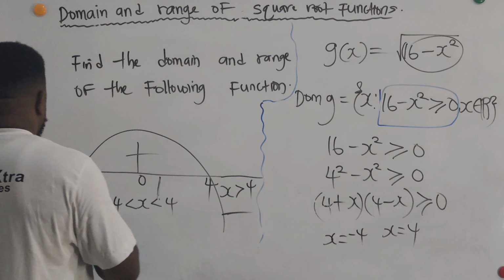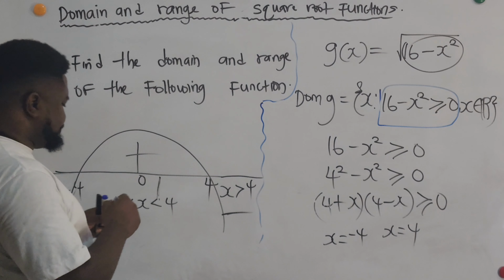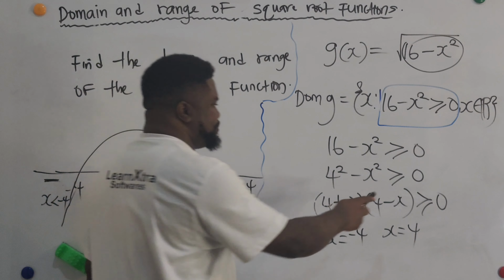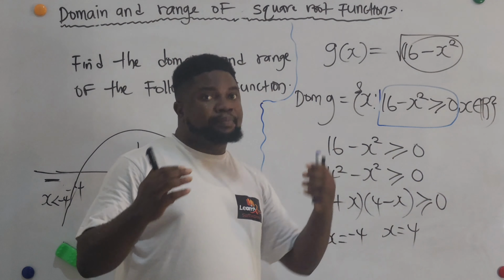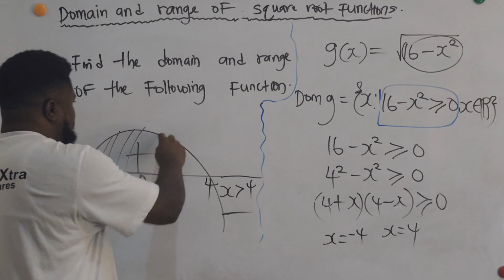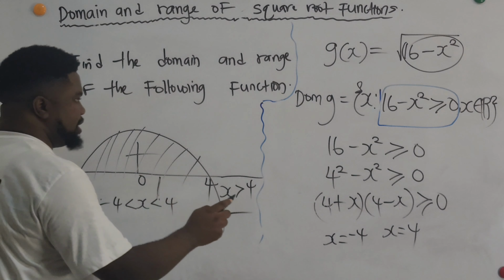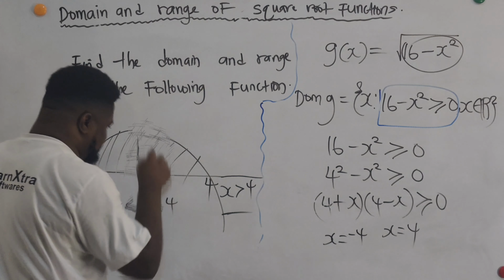So here becomes negative. Now, the region we are going to choose is the region bigger than 0. Whenever you are bigger than 0, you are positive. So we are choosing this region here as our solution set. Remember, we have bigger or equal to, so you include it.